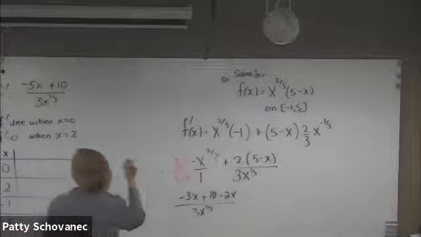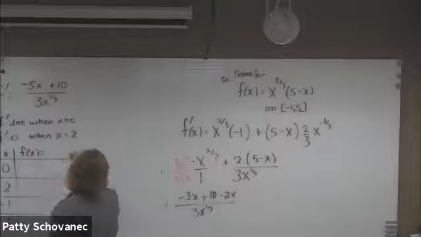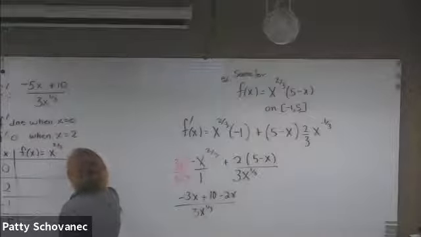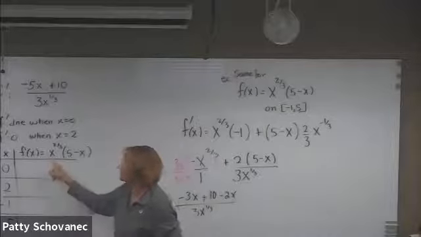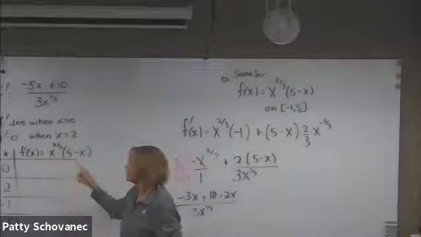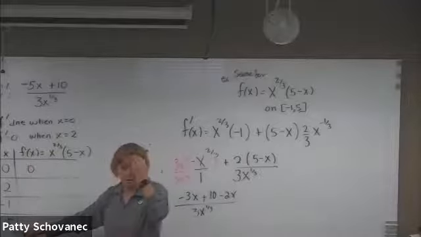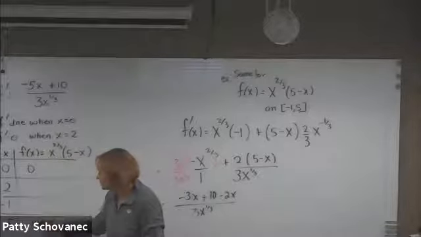So we're plugging them into F. Let me write it here so I don't have to keep looking up there. That's a 2/3 power, so I can take the cube root and then square the number. But 0 to any power is 0. So 0 times that is 0. And then the 5 is going to do the same thing. 5 makes that factor 0.